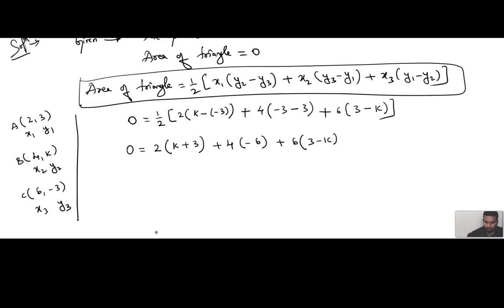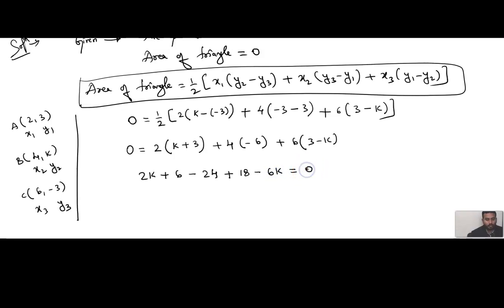Very good. Now shall we multiply all the values? 2 into k, 2k, plus into plus, plus 2 3s are 6, plus into minus, minus 6 4s are 24. Next plus into plus, plus 6 3s are 18, plus into minus, minus 6 into k, 6k, that is equal to 0.